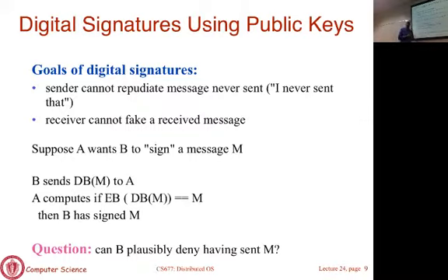So public key cryptography gives us the basis for implementing digital signatures. Now the claim here is that typically you would not do this because it is too expensive. Secure public keys are very long keys, maybe 1024 bits or 2048 bits.